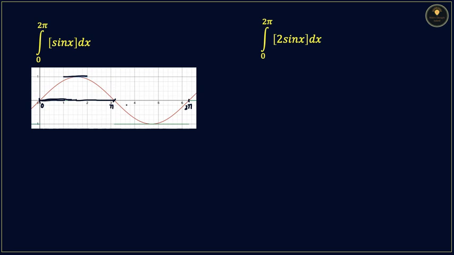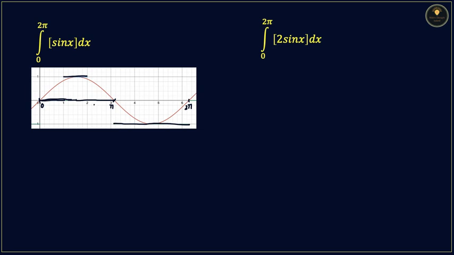But from pi to 2 pi, you are getting the value that is negative, but it is less than 0 and greater than minus 1. So the greatest integer function that you will get between pi to 2 pi is equal to minus 1. So you will get two intervals. First one, from 0 to pi, I will get the value equal to 0.